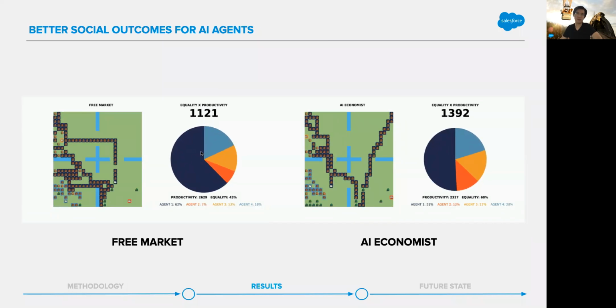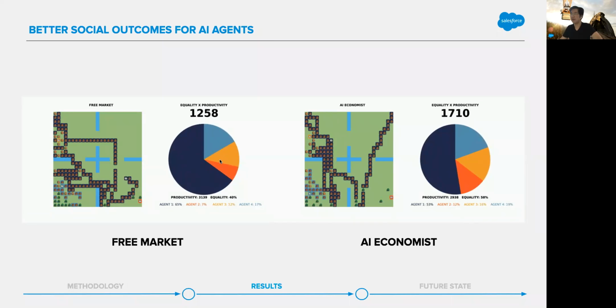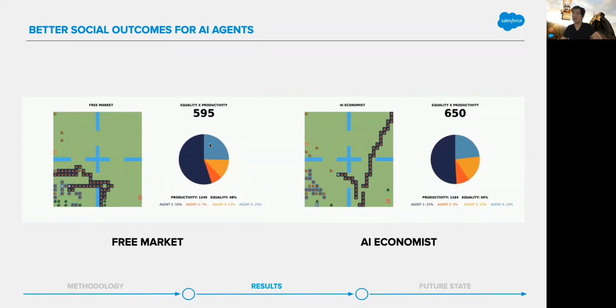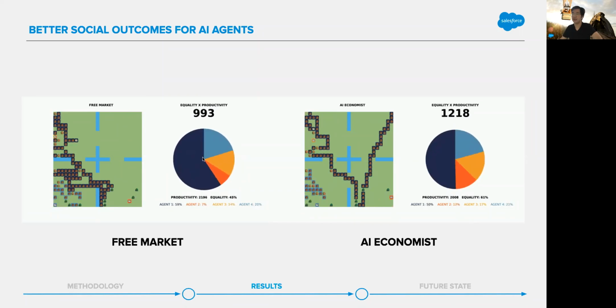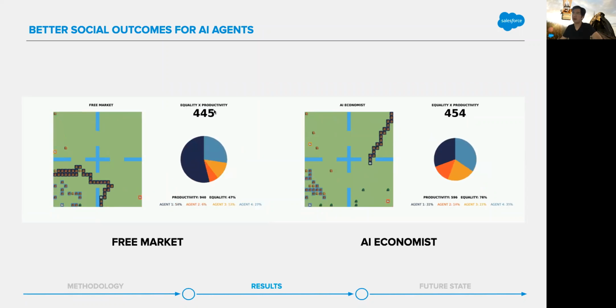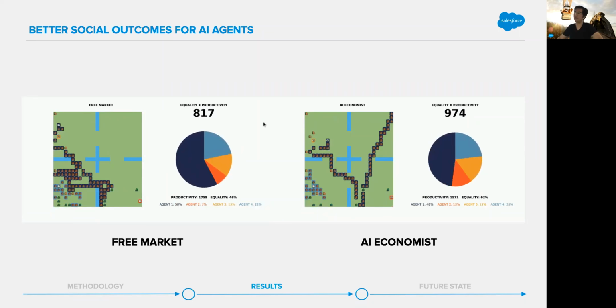So the pie grows, there's more money being earned by everyone. And then this coloring shows you how wealth is distributed in society. You can see that the dark blue agent here gets about 2/3 of the wealth. And if you multiply equality and productivity, you get to about 1,200 something.